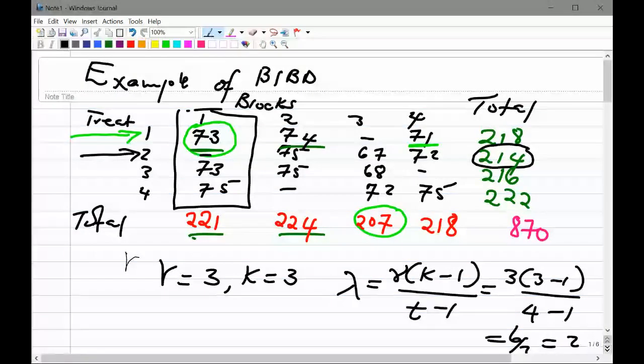What is the blocks? SSB is given by what? What are you getting, guys?